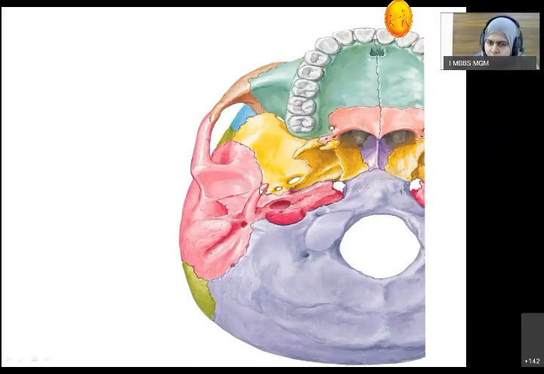Apex is directed medially, and it is fused inside with the petrous part of the temporal bone. The lateral border or base is free, rough, and rounded. Its anterior surface forms a portion of the mandibular fossa. Its posterior surface forms the inside of the external acoustic meatus.